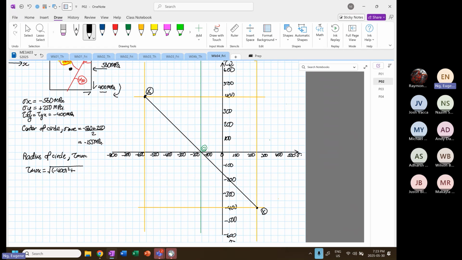Why 400 is because we know the distance from here to here, right? We know that this is equal to 400, right?